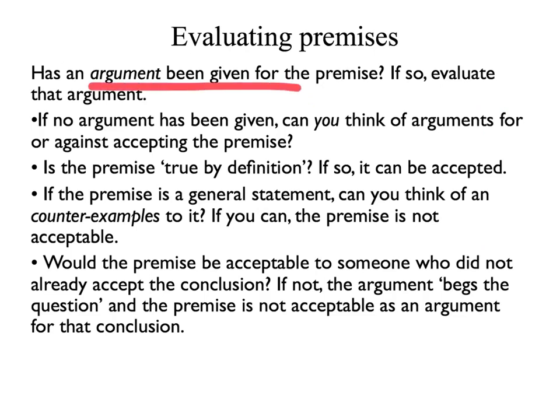If they have given an argument for the premise, then you should evaluate that argument. And you can accept the premise if you decide that the argument for it is a successful one. If the author hasn't given an argument for the premise, then the premise is unsupported. The question now is whether you can think of any arguments for or against accepting that premise.